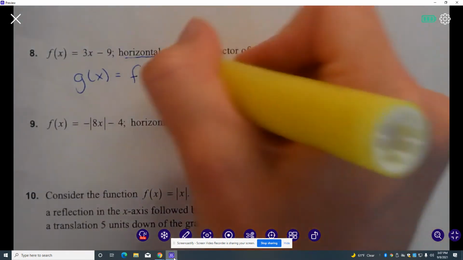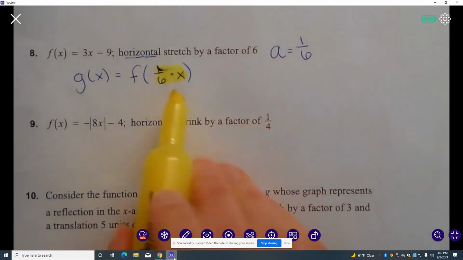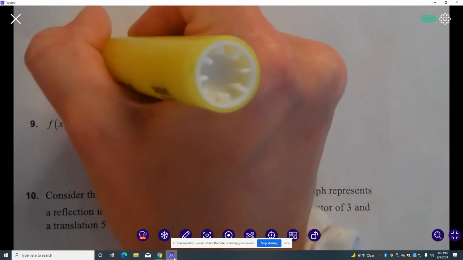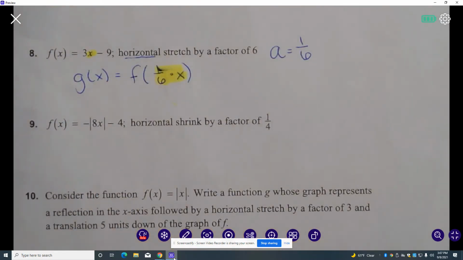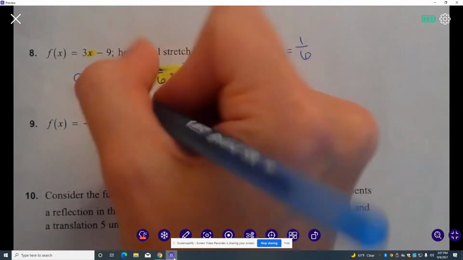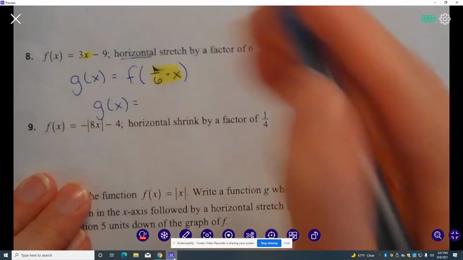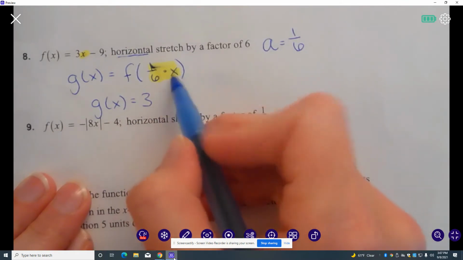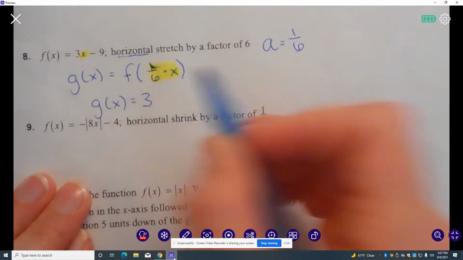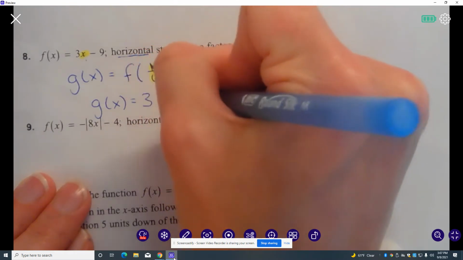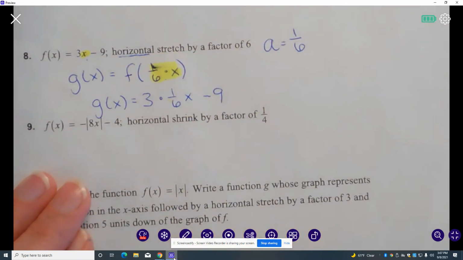Remember, since this is inside f of x, I'm taking 1/6 times x, or 1/6x, and I'm replacing x with that. So g of x is equal to 3 times 1/6 x. So instead of x, it's 1/6 x minus 9.